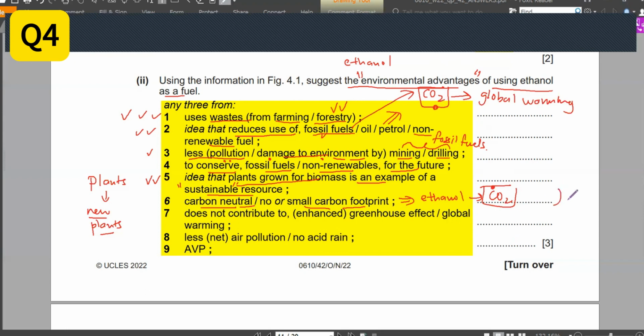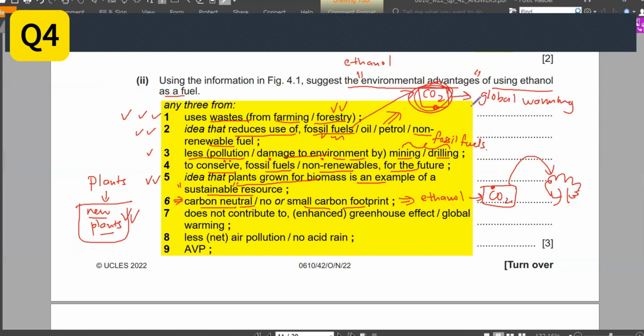Why? Because now we will be planting the new trees because the biofuel is coming from the plants. So after we burn this and release CO2, we will plant the new plants to take in the CO2 again. So this is how we determine that it is carbon neutral, because fossil fuels, we take it from the ground, we mine it, we burn it, we form the carbon dioxide.